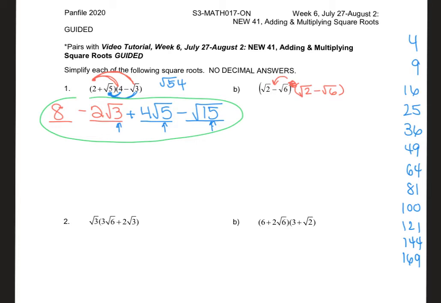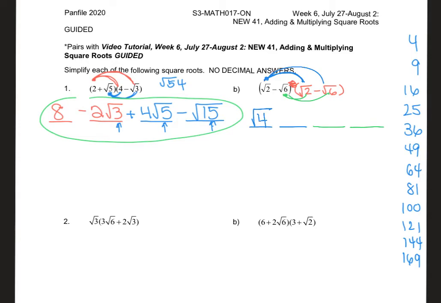Okay, so that means we have that thing twice, and that means that we are double distributing. So we're taking the root 2 to both of those. We are taking the root 6 to both of those, and then we are hopefully simplifying. So root 2 times root 2 gives me root 4.